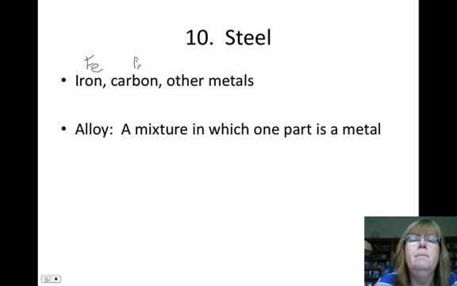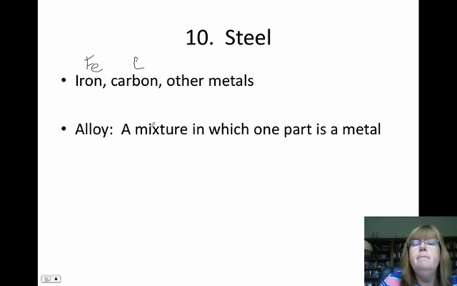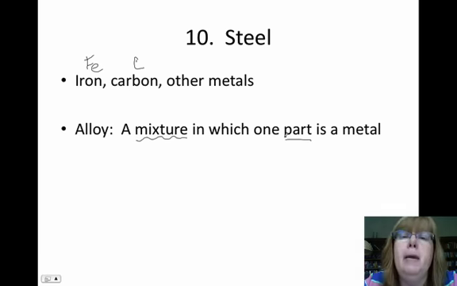It can have other metals in it. And it is what we call an alloy. An alloy is a mixture in which at least one part of it is a metal. So, is steel, which is an alloy, a compound, an element, or a mixture?